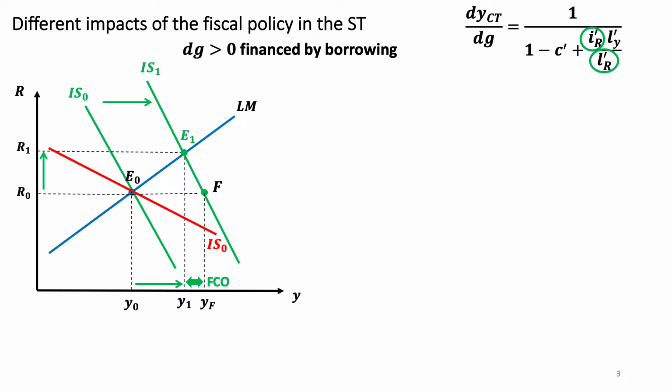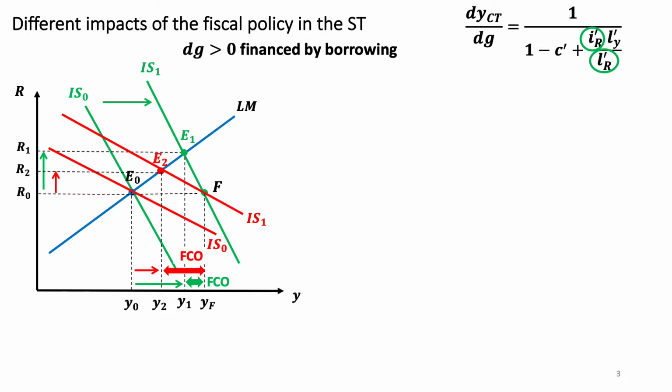Imagine now that IS is less steep. If we start from E0, IS shifts again to the right. But this time we reach E2 with a lower income than at E1. The crowding out effect is stronger here.